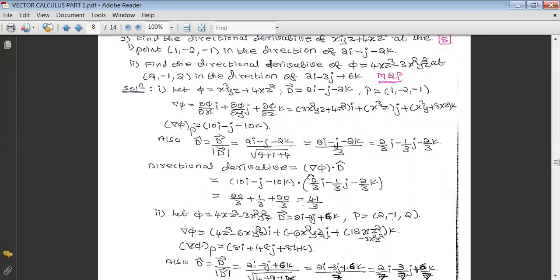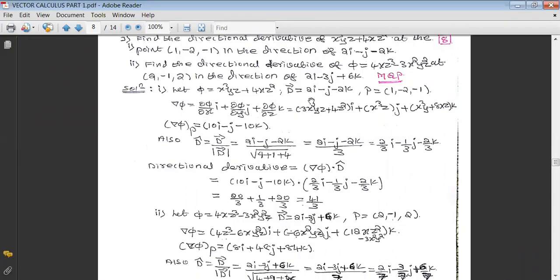First, let us calculate del pi, and that del pi is given by dou pi by dou x into i plus dou pi by dou y into j plus dou pi by dou z into k. Pi is given. Once you differentiate this with respect to x, we find 3x square yz plus 4z square, because when we are differentiating partially with respect to x, we have to treat y and z as constant.